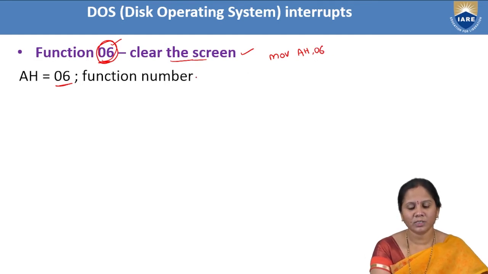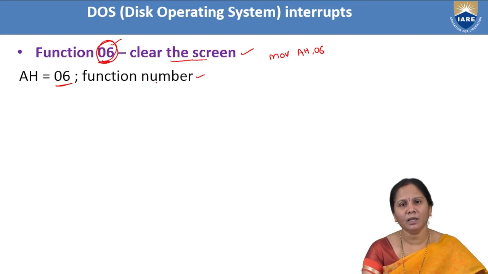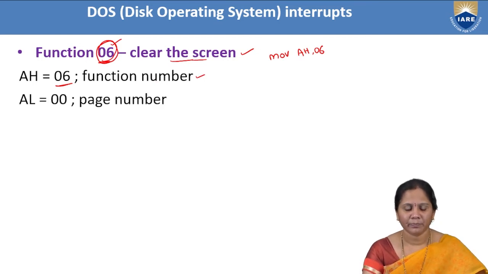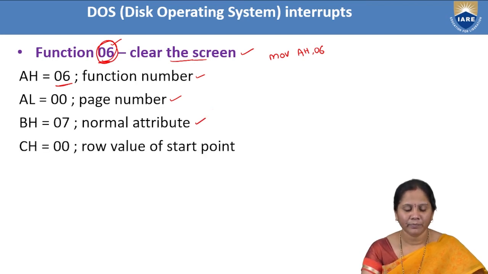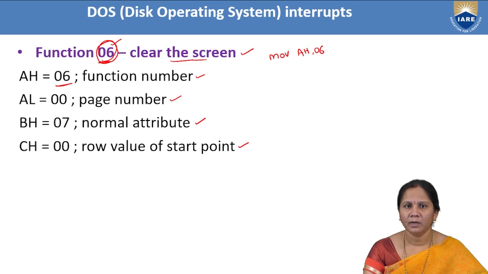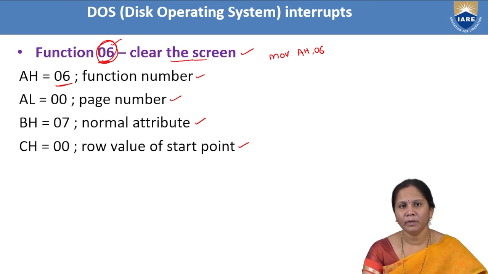Here 06 represents the function number. The value of AL is 00, which represents the page number. The value of BH is 07, normal attribute. The values of CH and CL represent the top left corner, and DH and DL the bottom right corner.